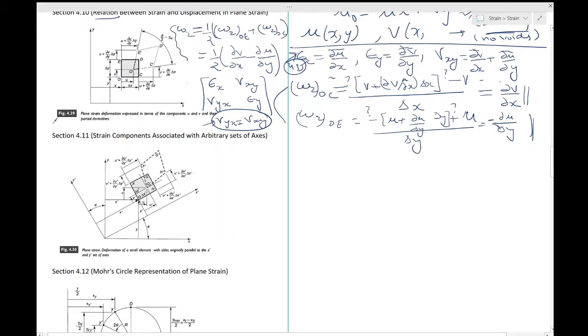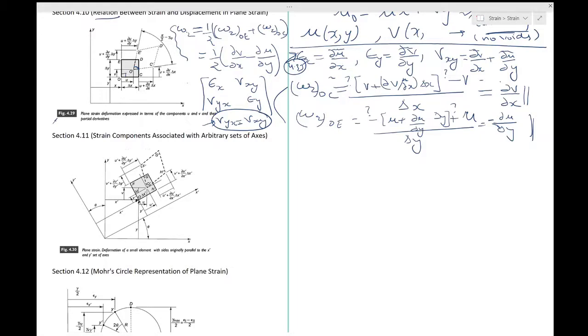You have done the derivation of gamma xy, and then you wanted to calculate this angle and then subtract 90 minus this particular angle. What you can do is repeat the same analysis for gamma yx. Okay, so what would gamma yx be? And then you have to write those expressions, and from this geometry you will see that gamma yx is the same as gamma xy.